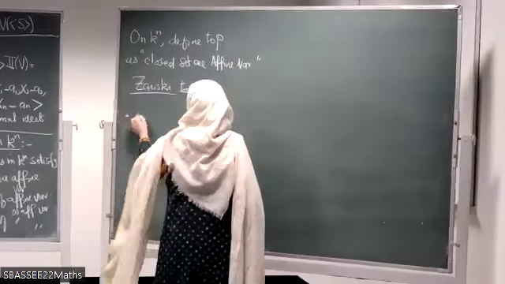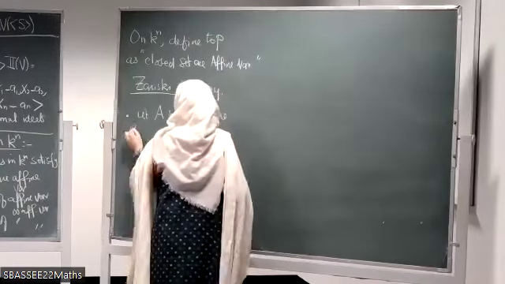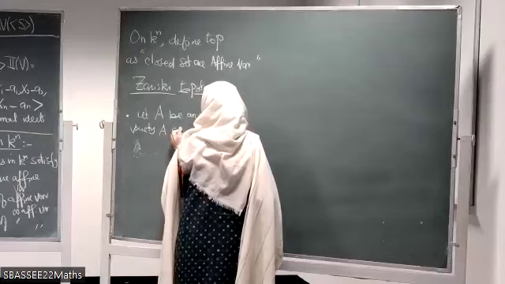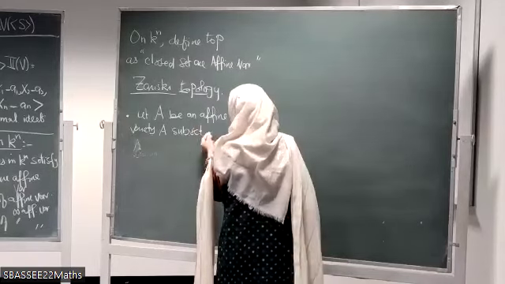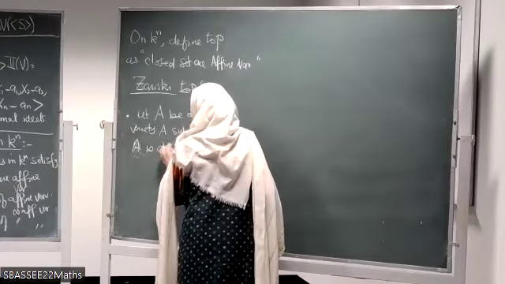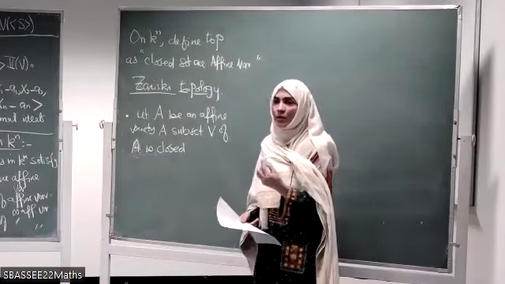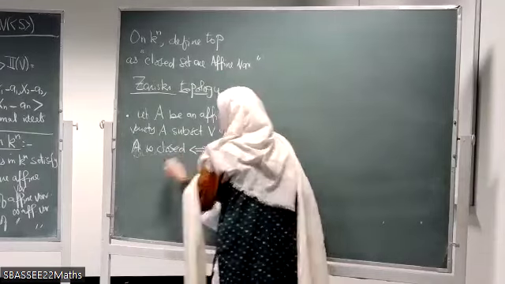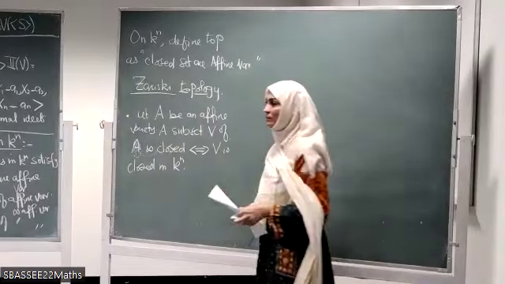If you have an affine variety A, a subset V of A is closed if and only if it is closed in the whole affine space.